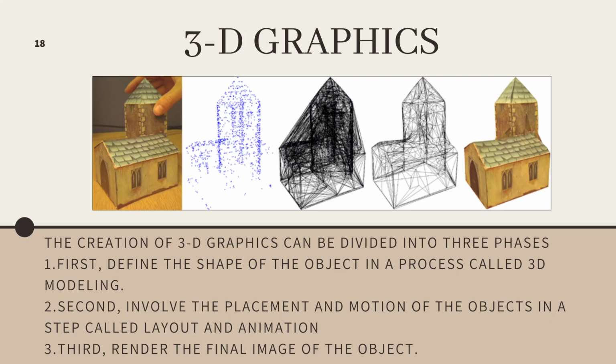And then we have the 3D graphics, which actually the creation of the 3D graphics can be divided into three phases, as we can see here in the picture. First, we define the shape, which is called the modeling, and then if we need to add some motions, this is phase number 2, which is the animation of the object or the graphic that we have, and then finally rendering the final image of the objects.